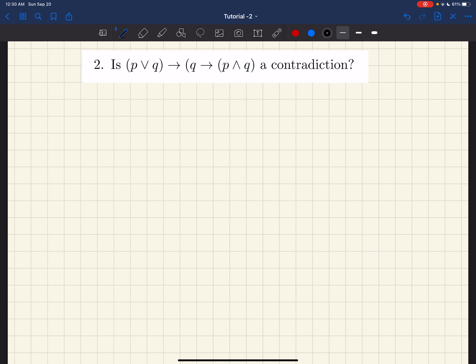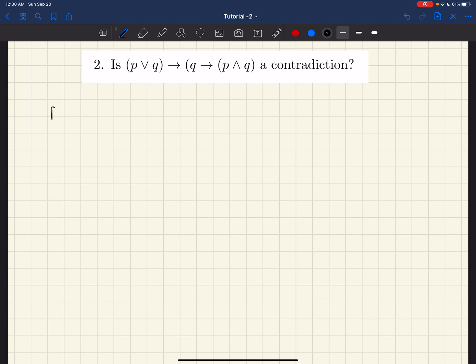If all the truth values are true, that means the statement is not a contradiction and it is a tautology. And if all the values are false, regardless of whatever the atomic statements are, that means it's a contradiction. So let's create a truth table for this.